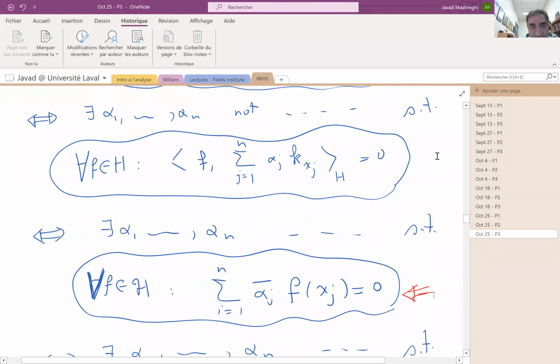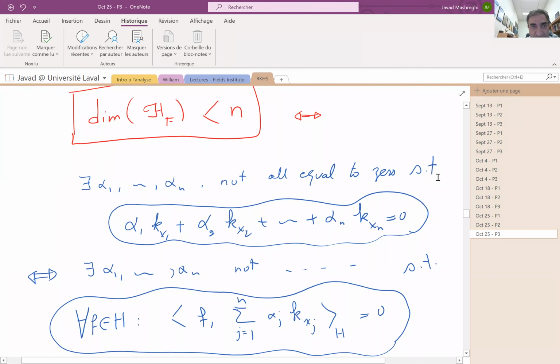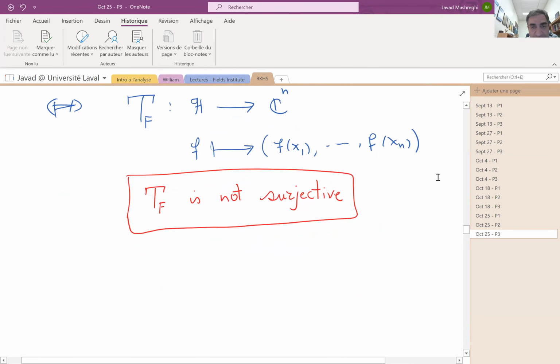So this is, if we look at the very beginning, dimension less than or equal to n, up to here, TF is not surjective. We see that this is also equivalent to the fact that we cannot interpolate x1, x2, xn with all of Cn.